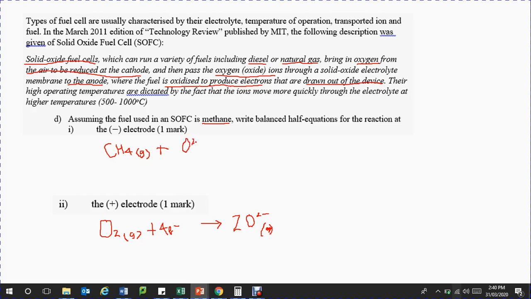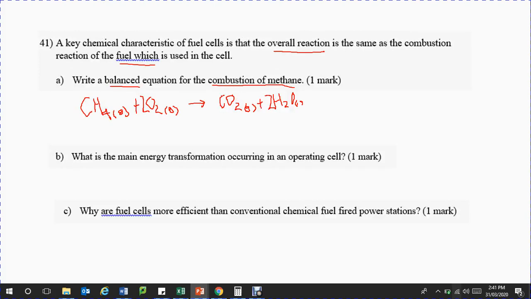Now if we go back to the beginning of the question, it says that the overall reaction is the same as the combustion.